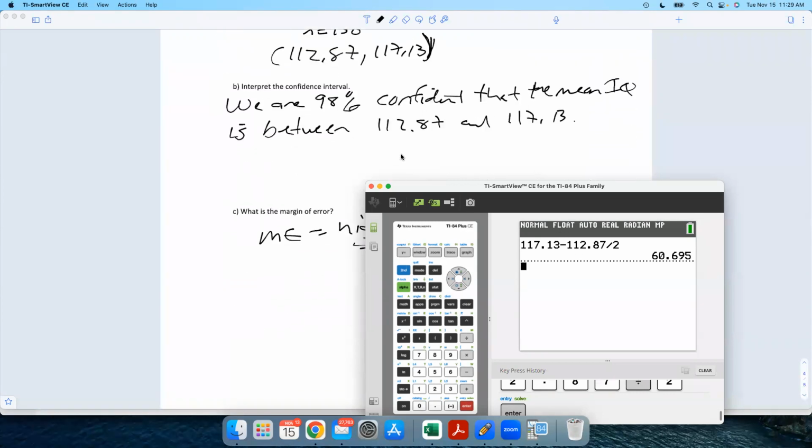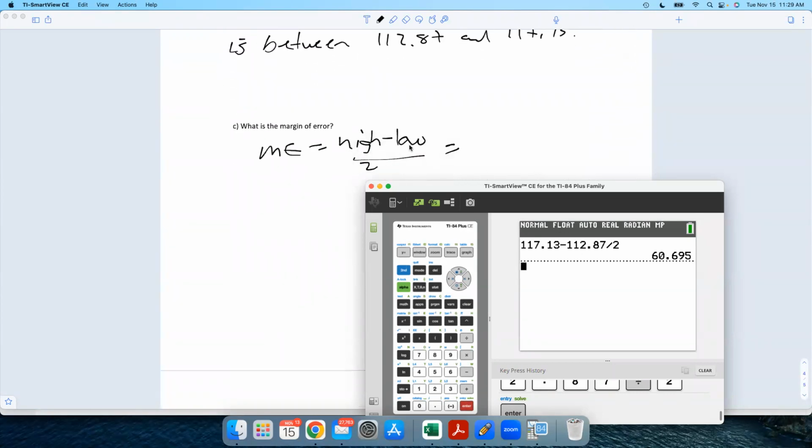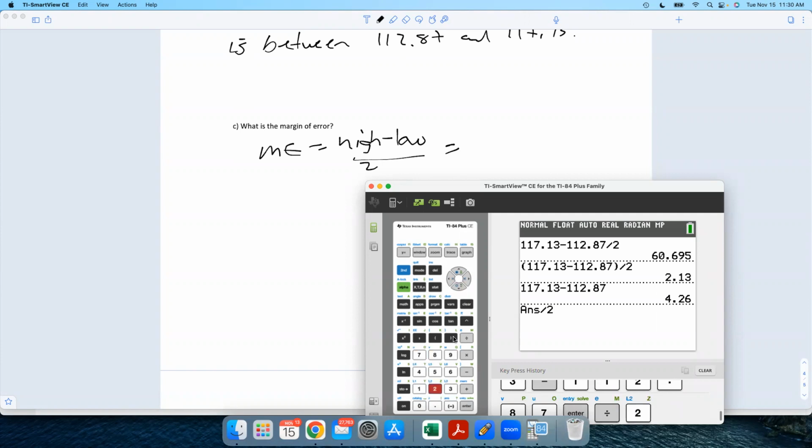When you're typing this in, you want to put that top in parentheses, then divide by 2. Or, I'm too lazy to do that, I just type the top, hit enter, then take that answer and divide by 2.